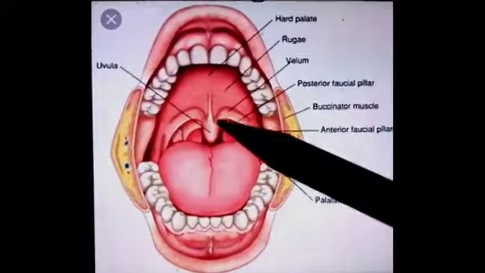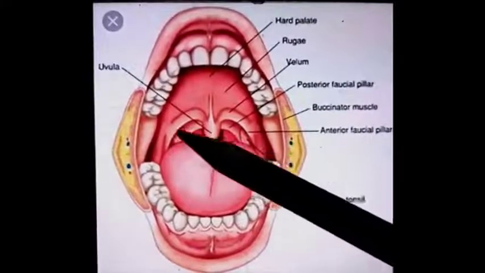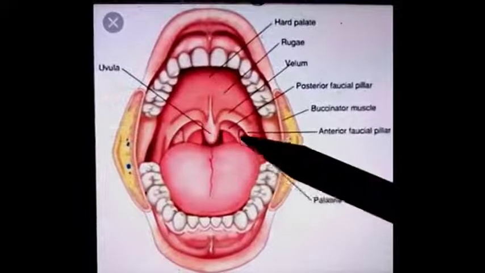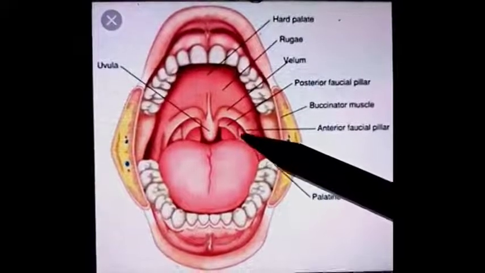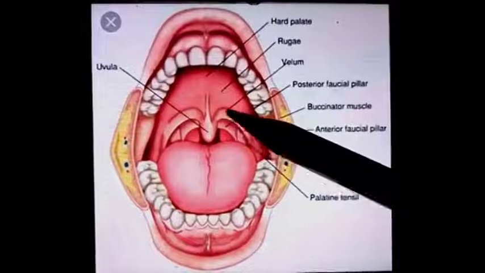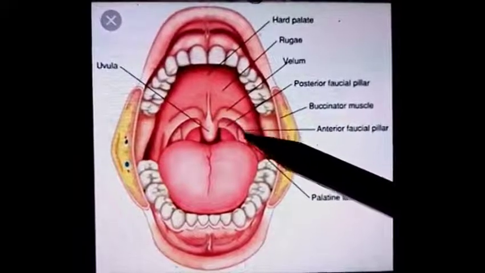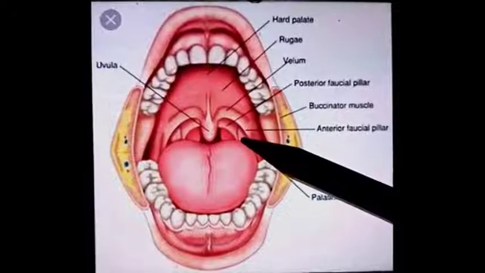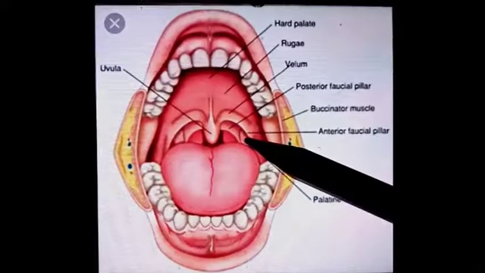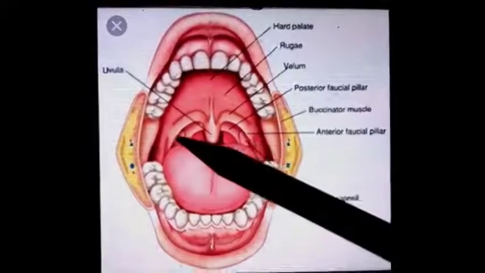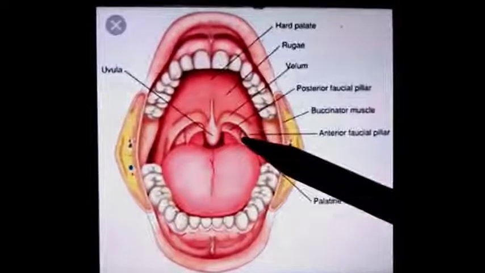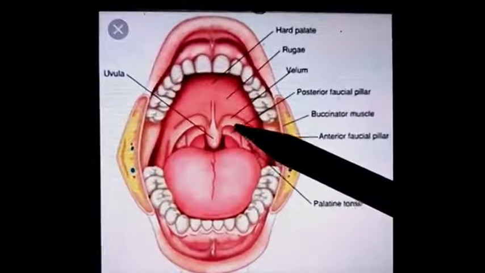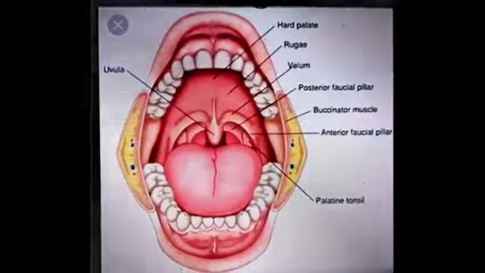So between two arches there is the location of the tonsil. As it lies close to the palatal arches, it is known as palatine tonsil or faucial tonsil. Fauces is an arched opening at the back of mouth leading into the pharynx.